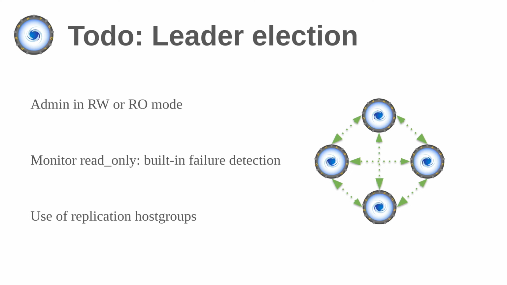The interesting part is that we already have a lot of parts that can play together to make leader election easy to implement. Specifically, right now admin can already be in read-write mode or in read-only mode. This is a feature that is not well known because there is not much use case for it, but it is already possible. Not only this, it is also able to reply to queries like select read-only.